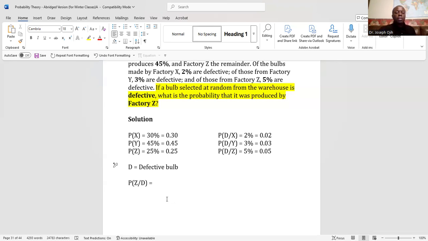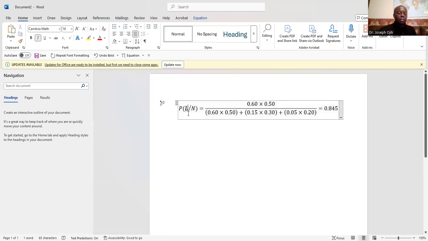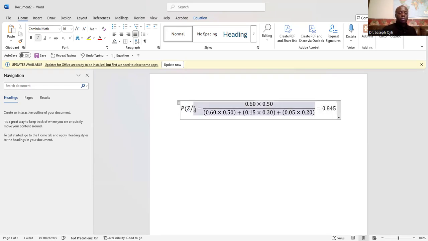So let's look at how the formula will look. I can write it here: factory Z, given that it is defective.